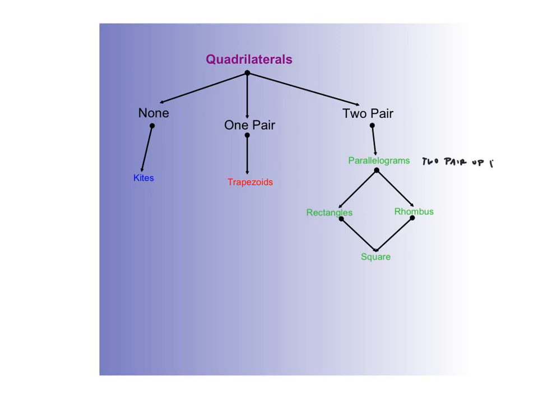So a parallelogram is just two pair of parallel sides. That's the symbol for parallel. Okay, now that applies to all quadrilaterals beneath it. Plus, a rectangle is equiangular, as well as has two pair of parallel sides. A rhombus is equilateral, as well as having the properties of a parallelogram.